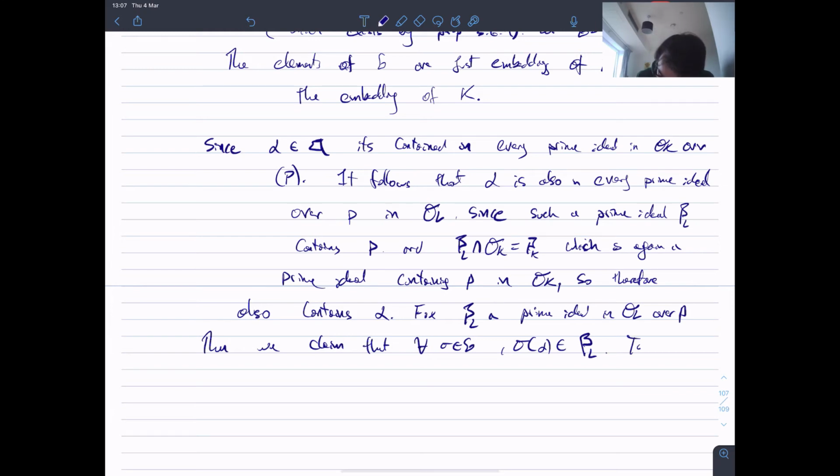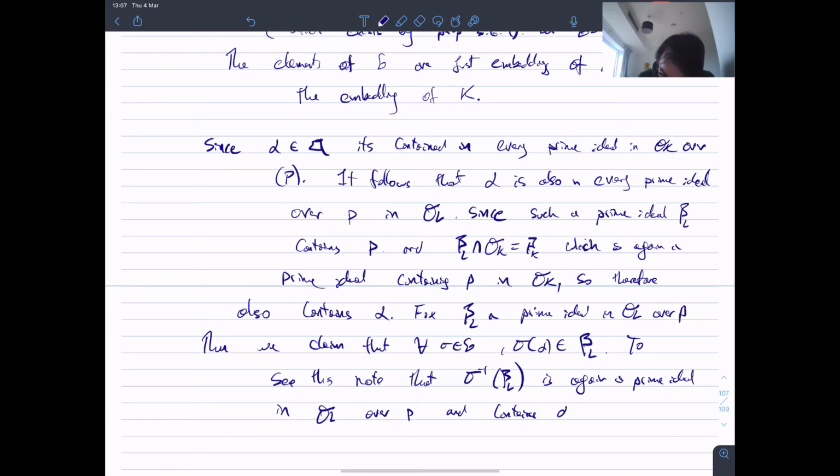So to see this, note that if I look at sigma inverse of beta L, this is again a prime ideal in OL over P, and so by the above, it also contains alpha.